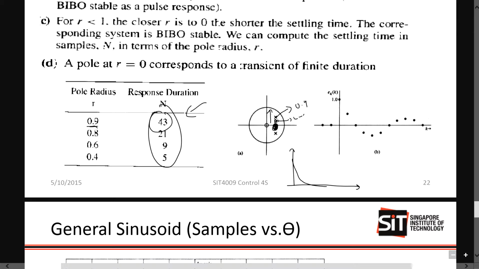As you go higher up, your decay actually becomes less fast, and all the way up to this point over here, your decay time increases. You become less and less able to decay. So you decay with more time, and this is the response duration of some sort. I may be wrong over here, but at least it's something fairly useful.